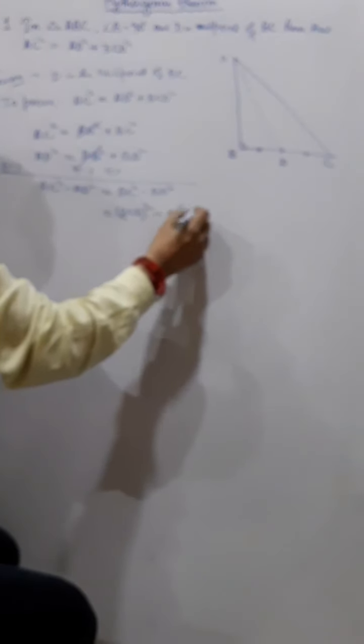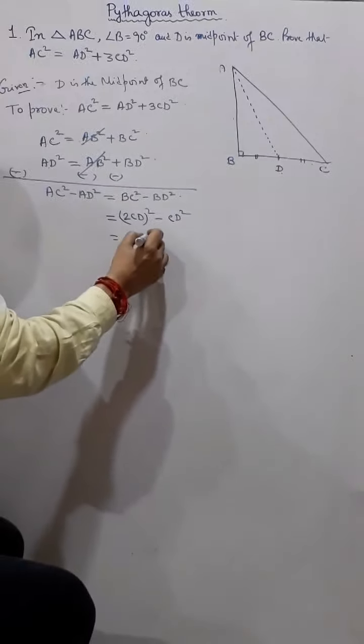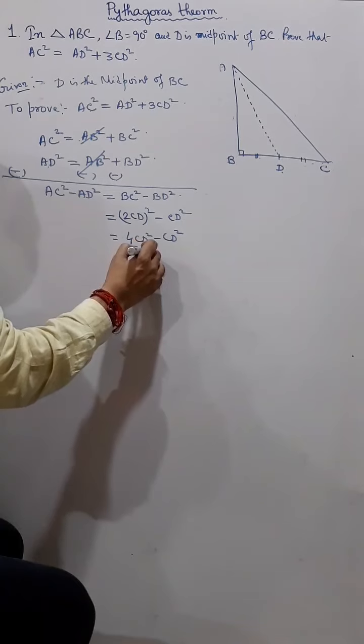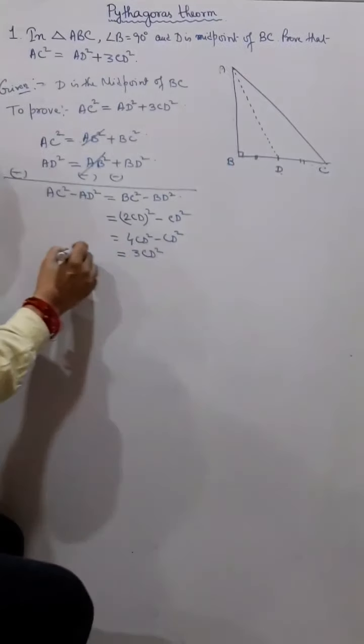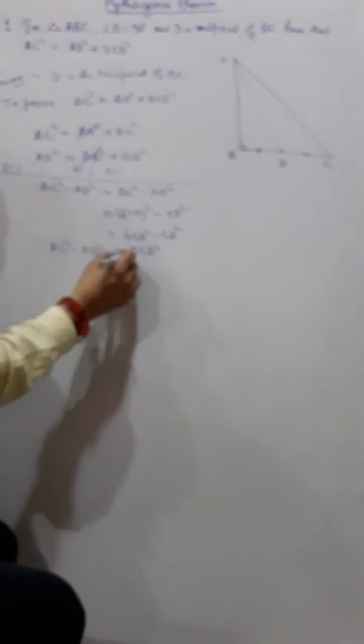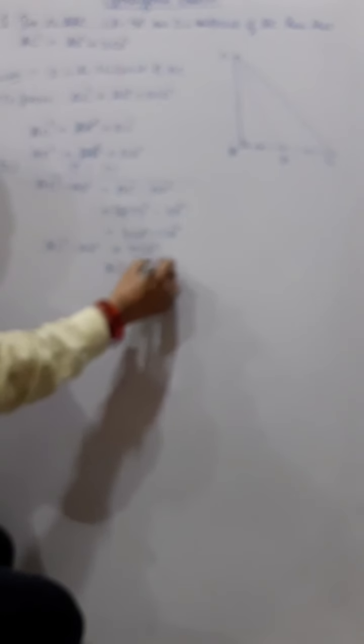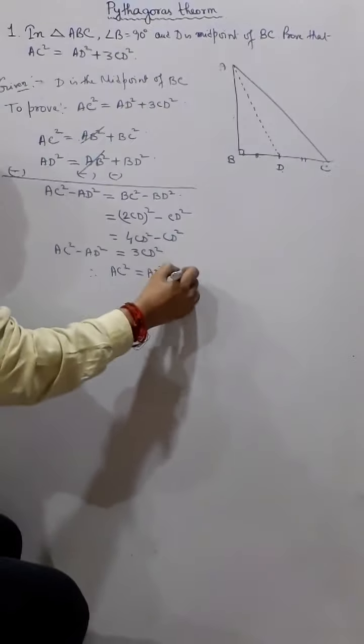So this is CD square. Now see what you are getting: 4CD square minus CD square, which finally gives 3CD square. So we got AC square minus AD square equals 3CD square, and therefore finally AC square is equal to AD square plus 3CD square. Understand? And hence proved.